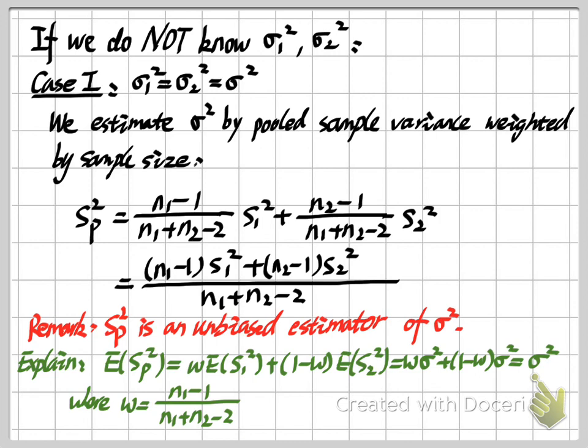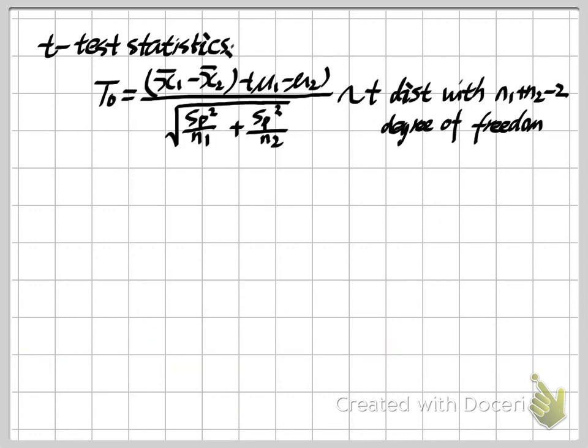So now we already know we have this estimator of our sigma square, our population variance. Next, when we calculate our test statistic, when the population variance is unknown, we can create a test statistic, and this statistic follows a T-distribution. This is very similar to our previous lectures.